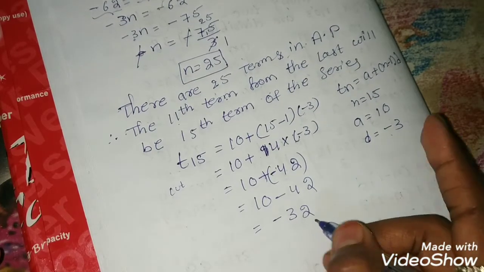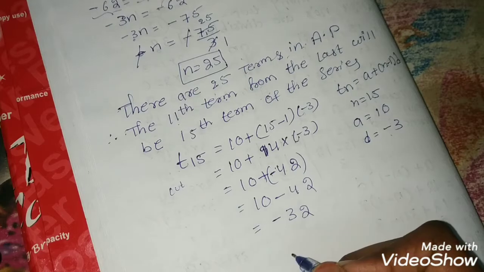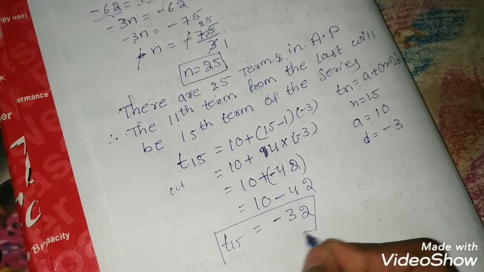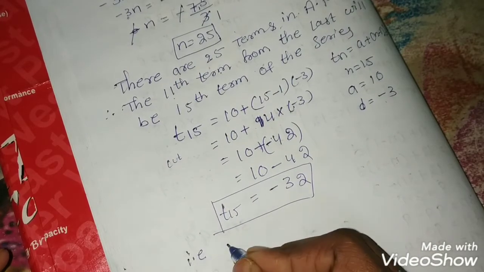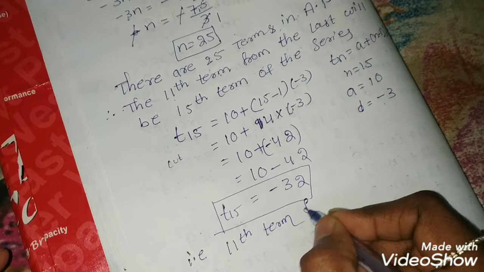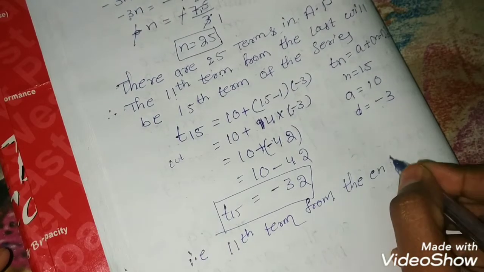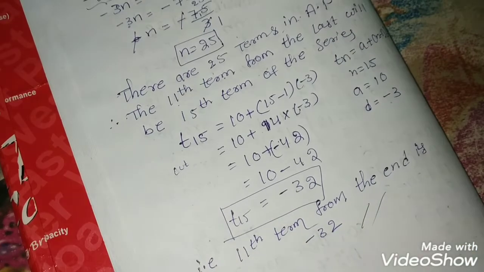Not plus 32, minus 32, because 10 is smaller than 42. So that is why we are keeping the negative sign. Okay, what is term 15 here? Term 15 is minus 32. That is the 11th term from the end, minus 32. This is our solution.